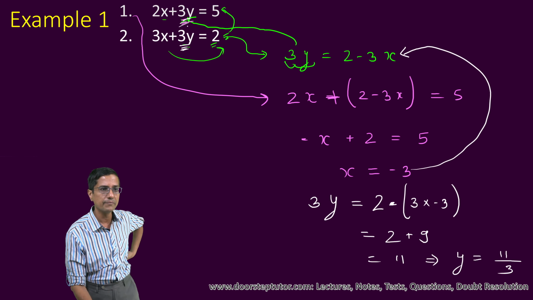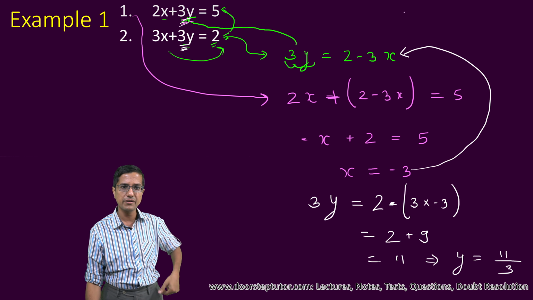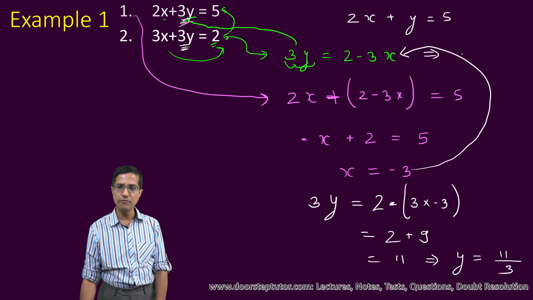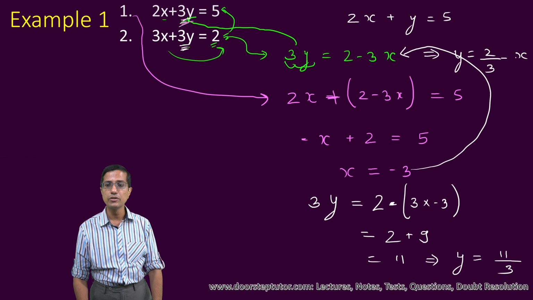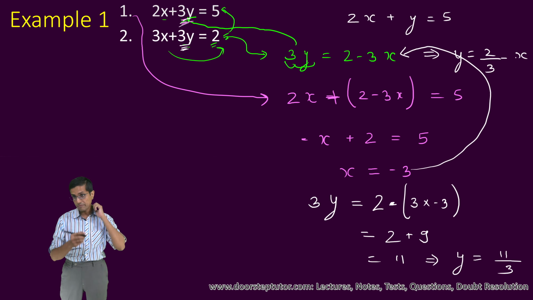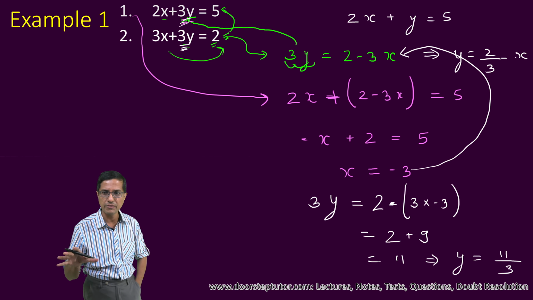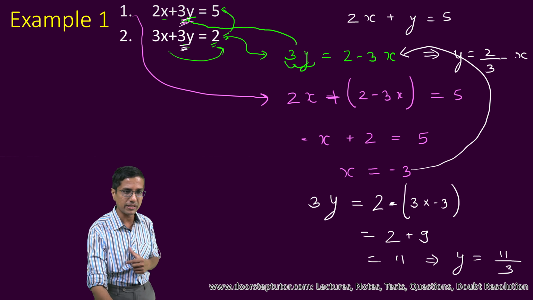For example, if the first equation was 2x plus y is equal to 5, in that case we would have fractions here. So y would come out to be 2 by 3 minus x, divided by 3. Now we have to deal with fractions. In that case, we would not really prefer the substitution method, but we will prefer the elimination method.